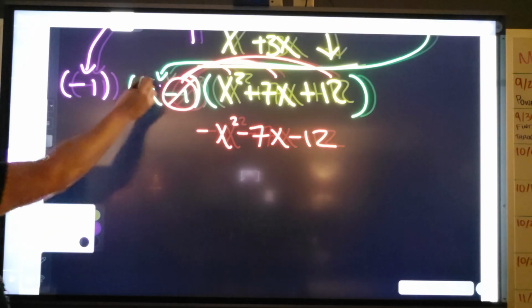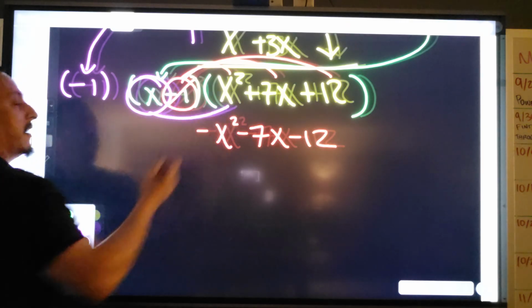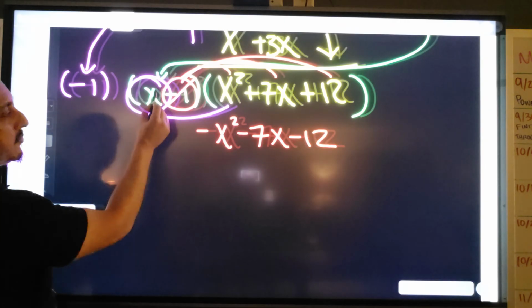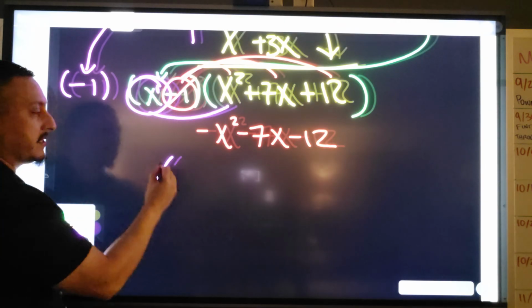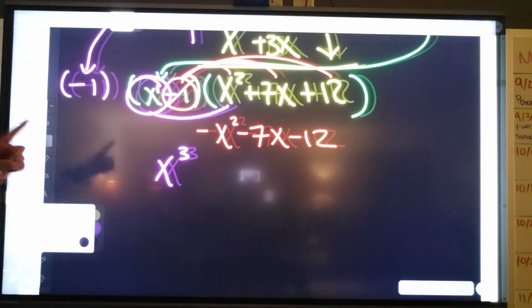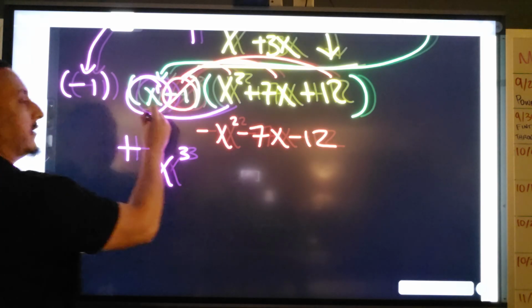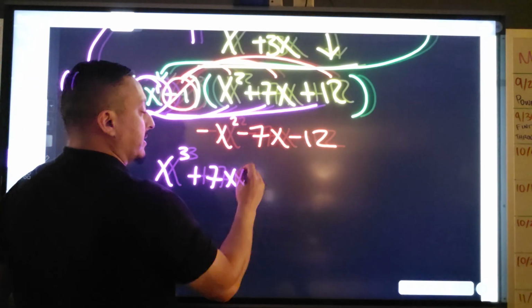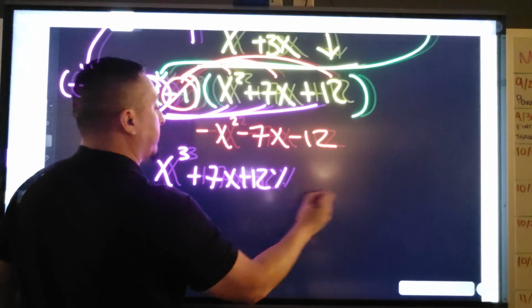So now multiply x. X times x squared is what? X cubed, because this is an x to the first right here. So it's going to be x cubed, and x cubed is different than x squared, so you put it off to the side. Then x times 7x is 7x squared, and 12 times x is 12x.